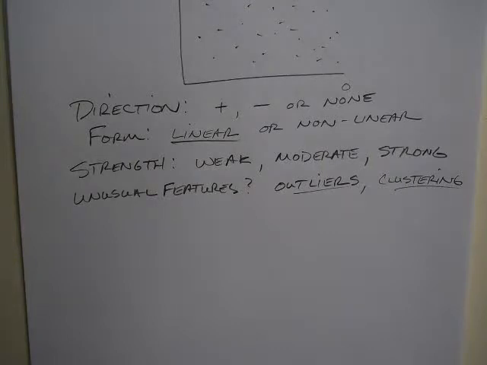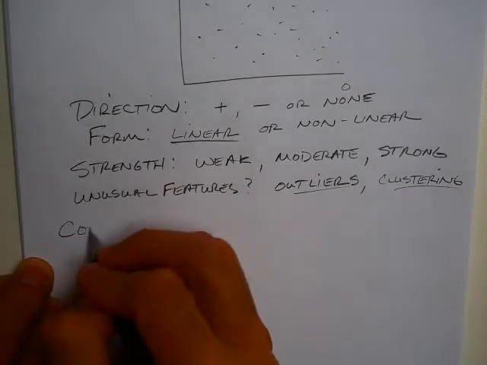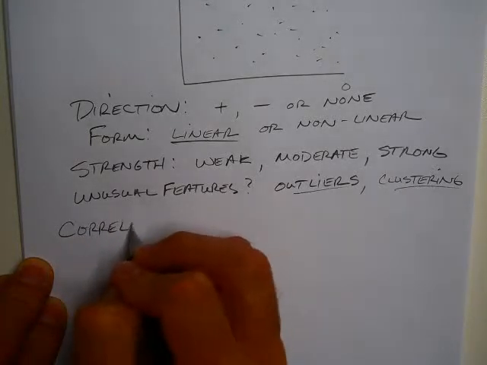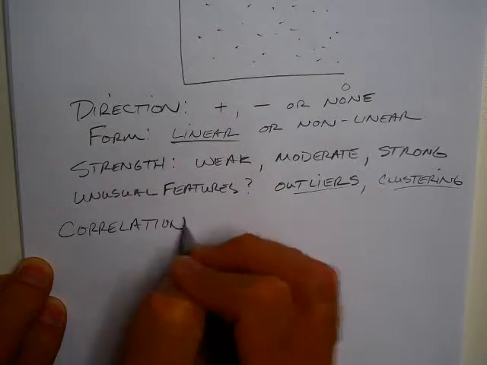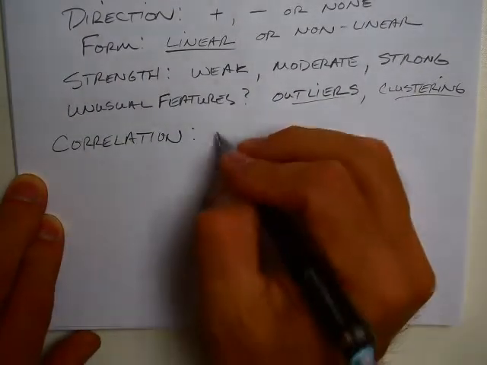Okay. How do we decide weakness, moderate, or strength? We have something called correlation. Correlation is our R value.